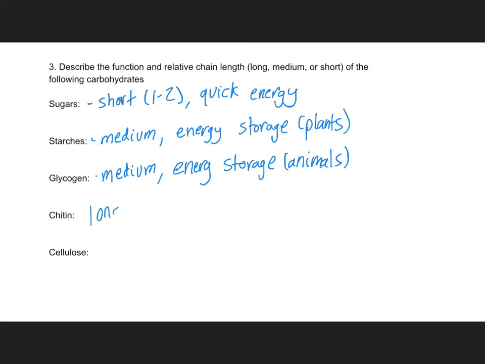Chitin, long chain structure for animals, specifically invertebrates like insects and shrimp and crabs. It makes up their shells. This is not digestible by humans, so this would not be a source of energy.